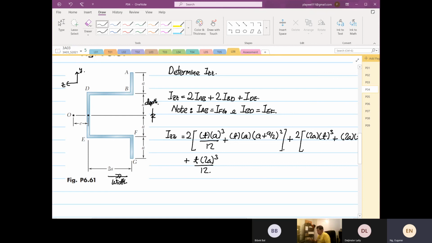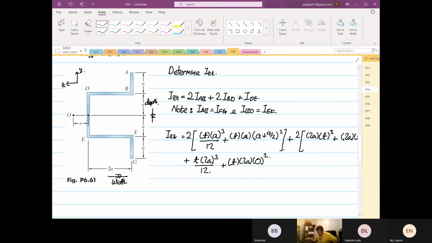You don't need to add the area offset because the individual centroid and the global centroid are the same. Or if you want to do this, you will have the width multiplied by 2A multiplied by 0 to the power of squared. Okay, just to write it down for you.